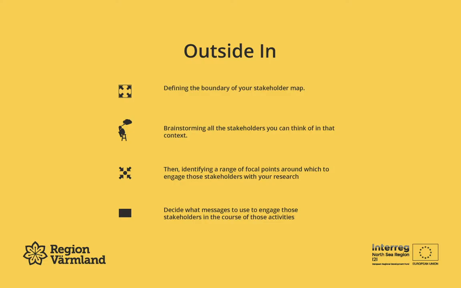So far we've covered three approaches: an individual level approach, an organizational level approach, and an activity-focused approach to take what we're referring to as the inside-out approach to mapping our stakeholders.